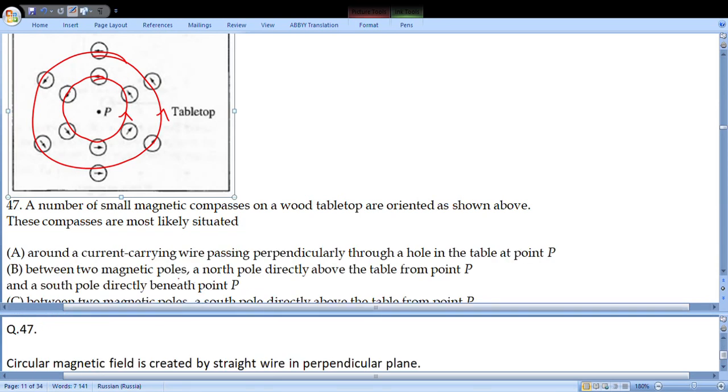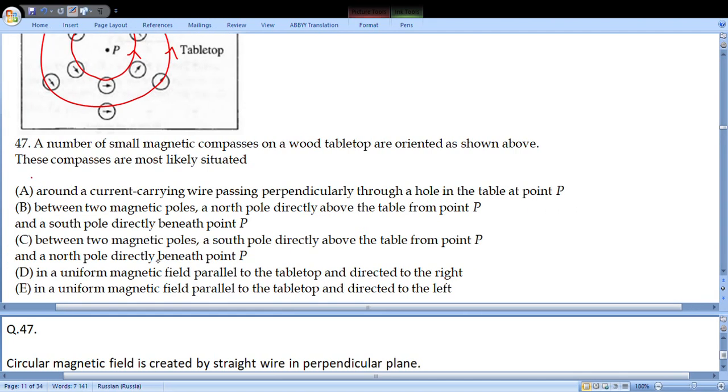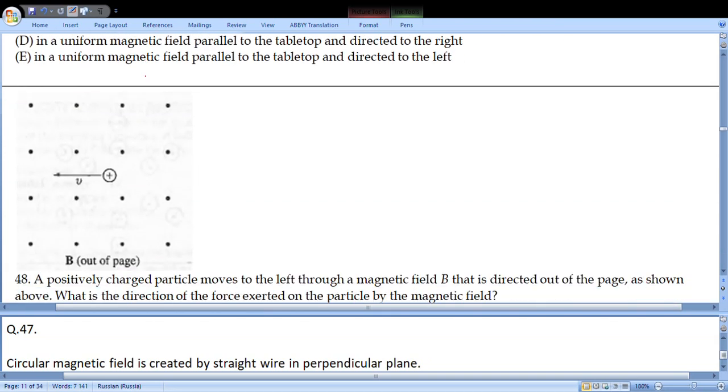So let's see. Around a current carrying wire passing perpendicular through the hole in the table at point P. So it is choice A. Next.